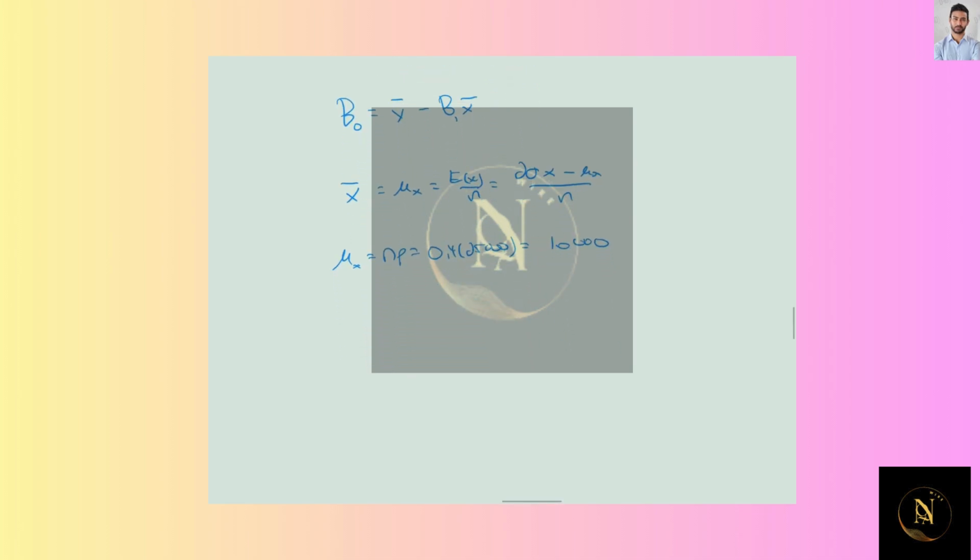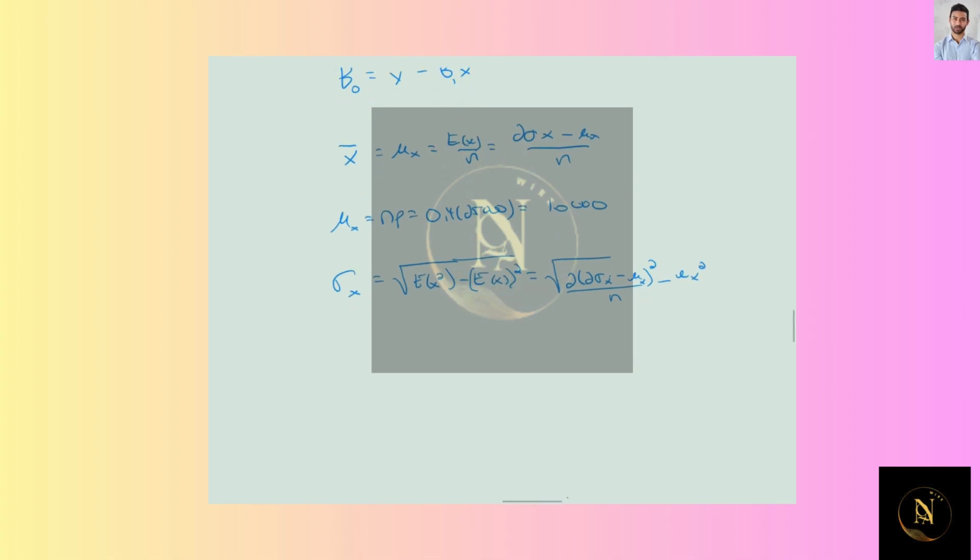We can then solve for sigma as follows. It's the square root of E of x squared minus E of x squared, which is the square root of 2 times (2 sigma minus mu) squared over n, minus mu x squared.